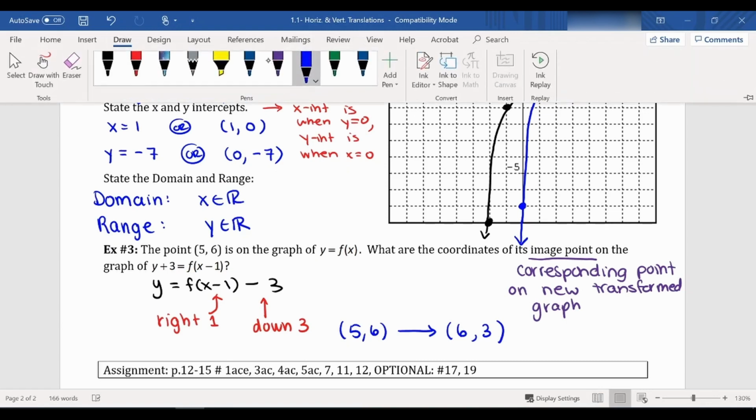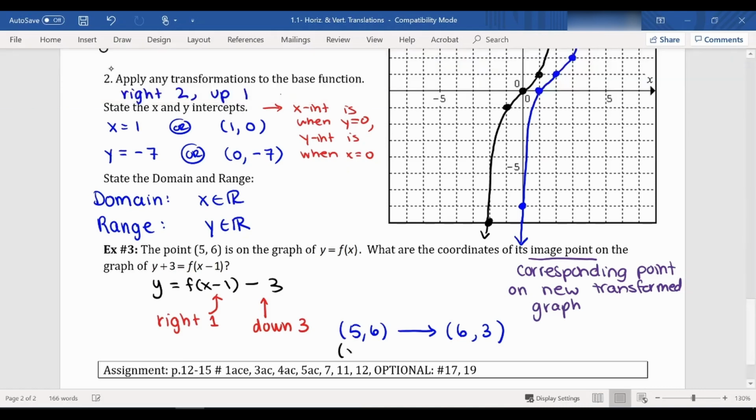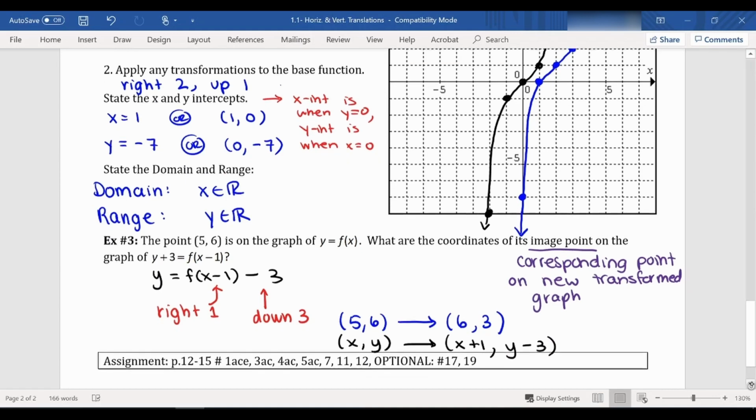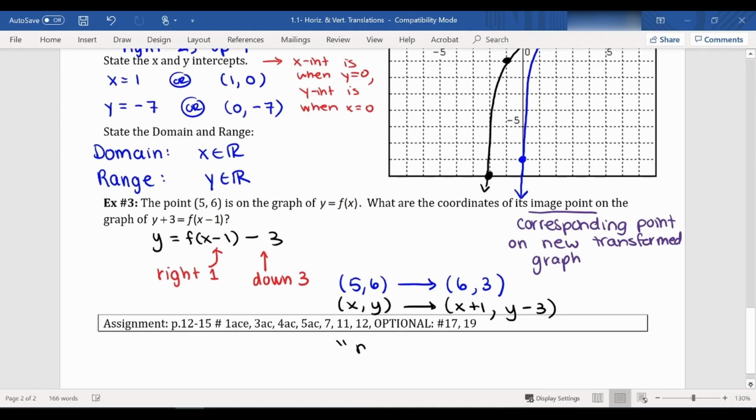The other way you might see this written is any point on our original f of x, x, y, is going to map to moving to the right by 1, meaning our x would add 1, and moving down by 3, which would mean y would subtract 3. This is called mapping notation.